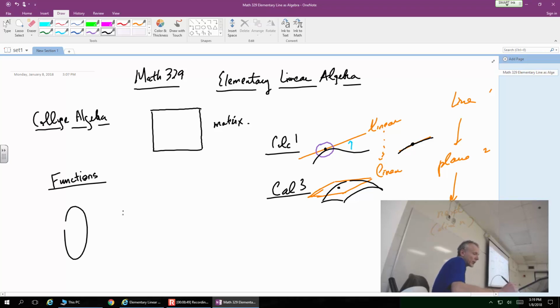You may have seen this, but not in calculus, because in calculus you become very specific, like here, and you talk about numbers. So functions are input number, output number.